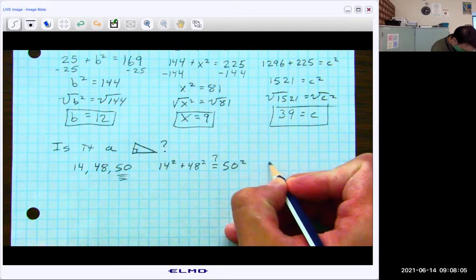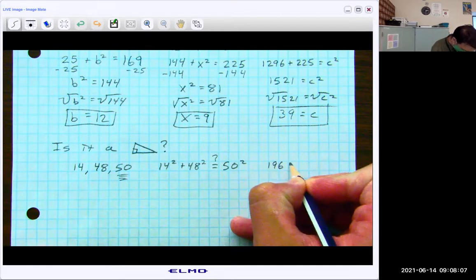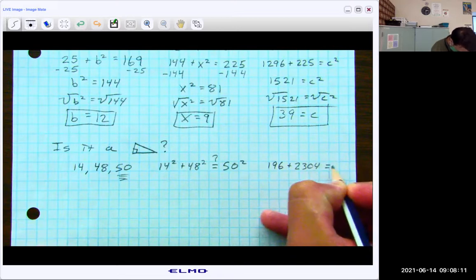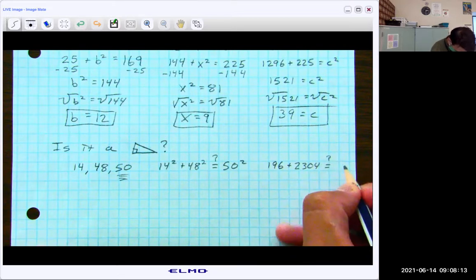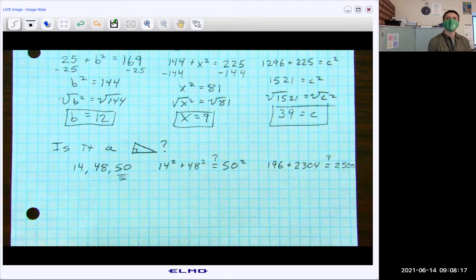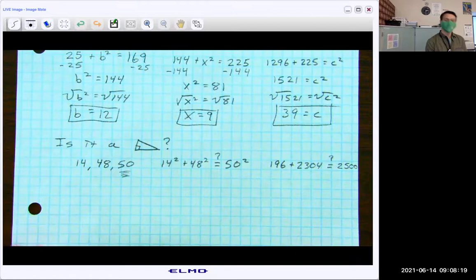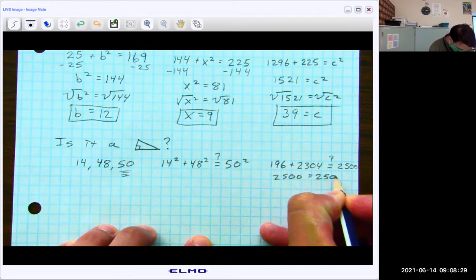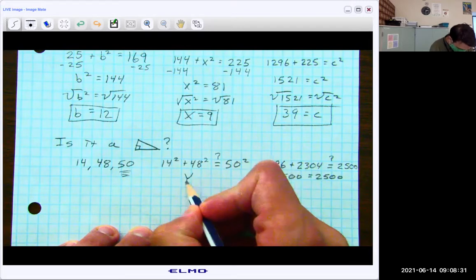We get 196 plus 2304. And we want to know, is that equal to 2500? Looks like I kind of ran out of room there. Well, it looks like it might be 2304 plus 196. Yeah. So, yes.